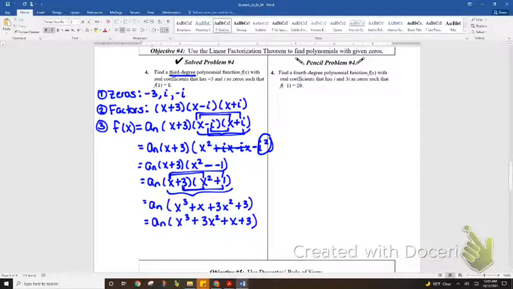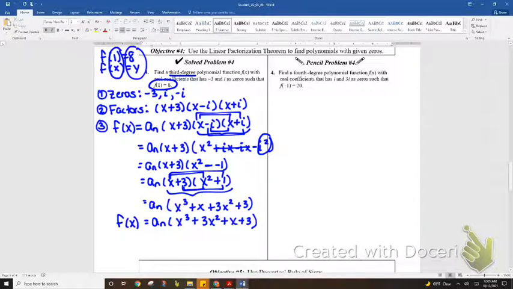Alright, now comes the point that we're going to find that leading coefficient. So remember, this is f of x equals. Now they also told us here that f of 1 equals 8. Remember, if f of 1 equals 8, it's normally f of x equals y, right? So we know that our x is going to be 1 and our y is going to be 8.